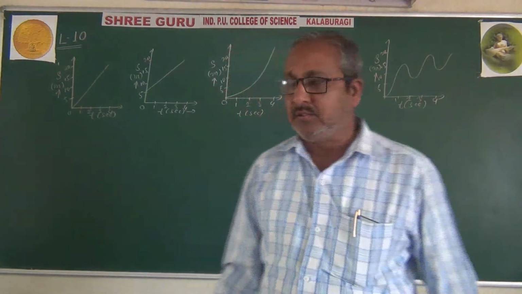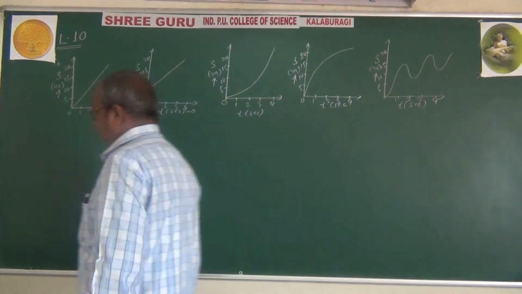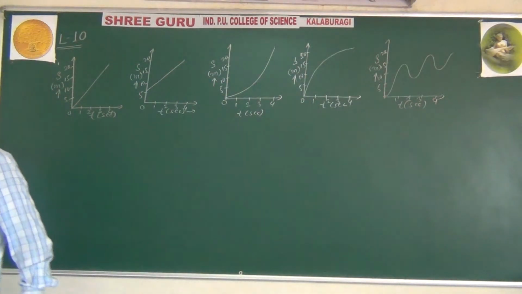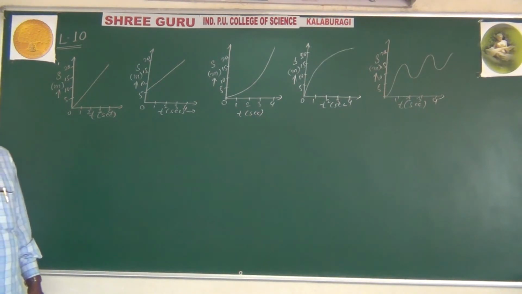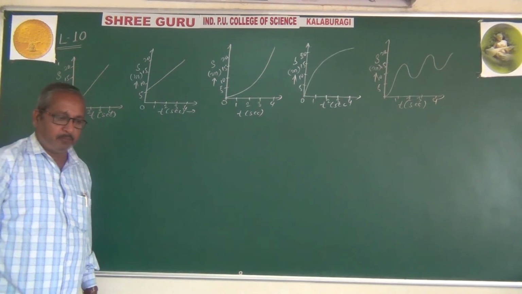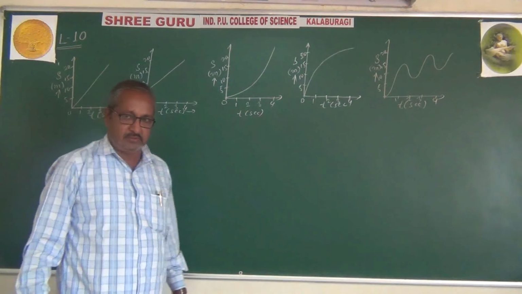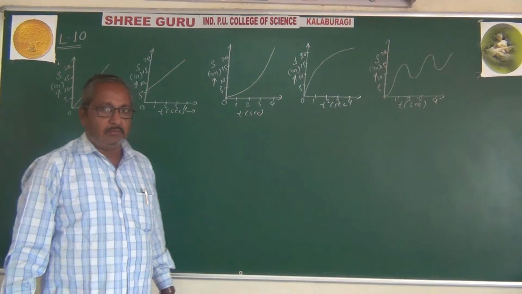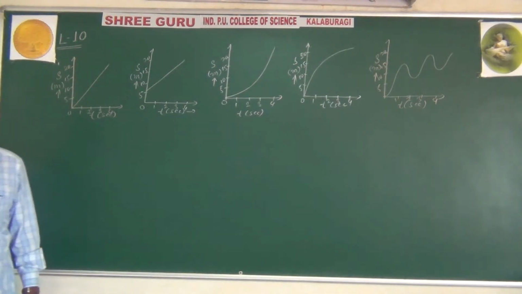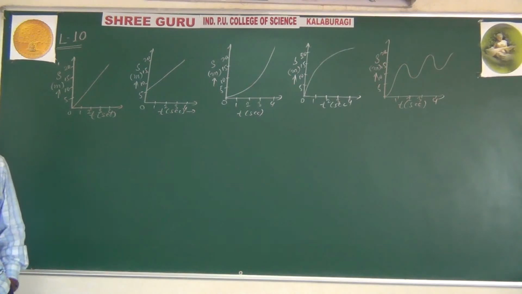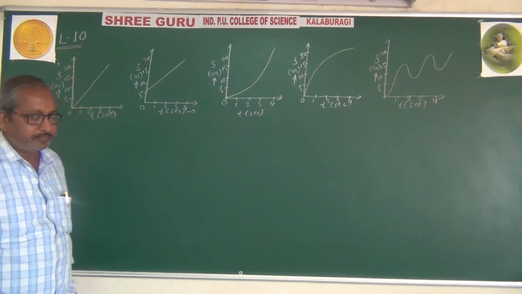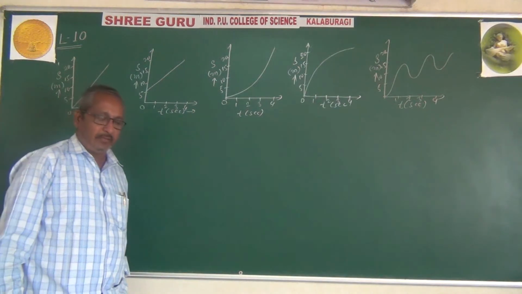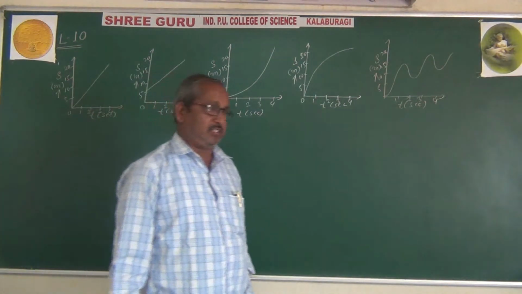In the last class, we discussed the position-time graph, in which the distance is plotted along the y-axis and time along the x-axis. We already finished one curve, which shows that the body is at rest.